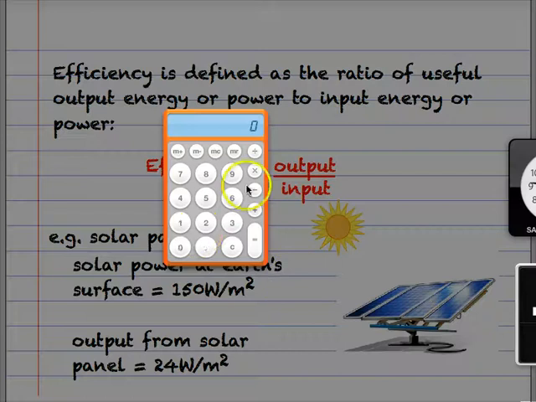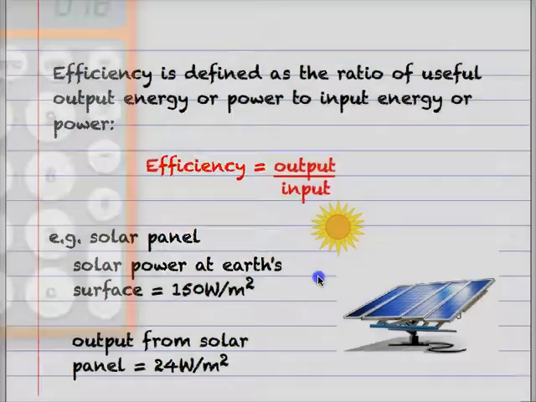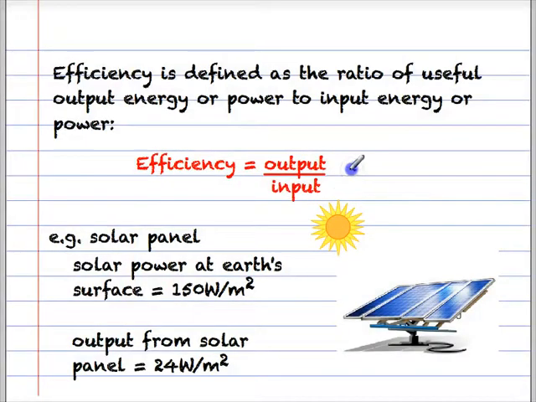24 over 150. 24 divided by 150 equals 0.16. Now we can times that by 100 to give us our percentage efficiency.